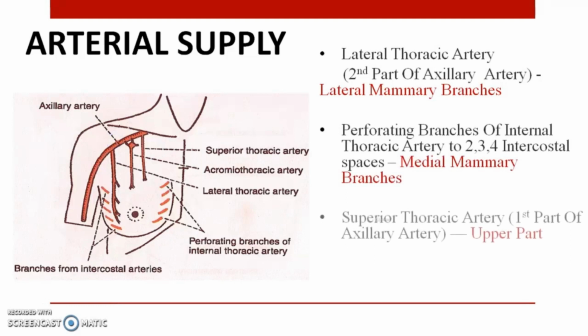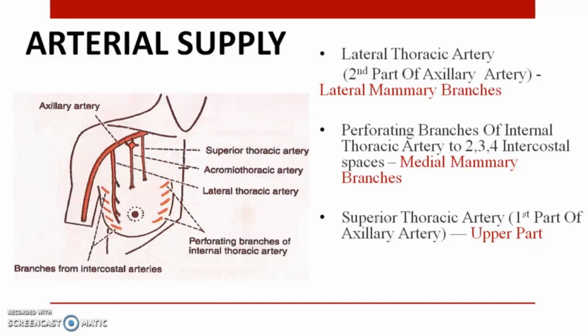The second artery is the perforating branches of the internal thoracic artery. You can make out an artery here on the lateral border of the sternum. This artery, which comes from the subclavian artery, gives branches at the level of the second, third and fourth intercostal spaces. These are called perforating branches of the internal thoracic artery, with the special name internal or medial mammary branches.